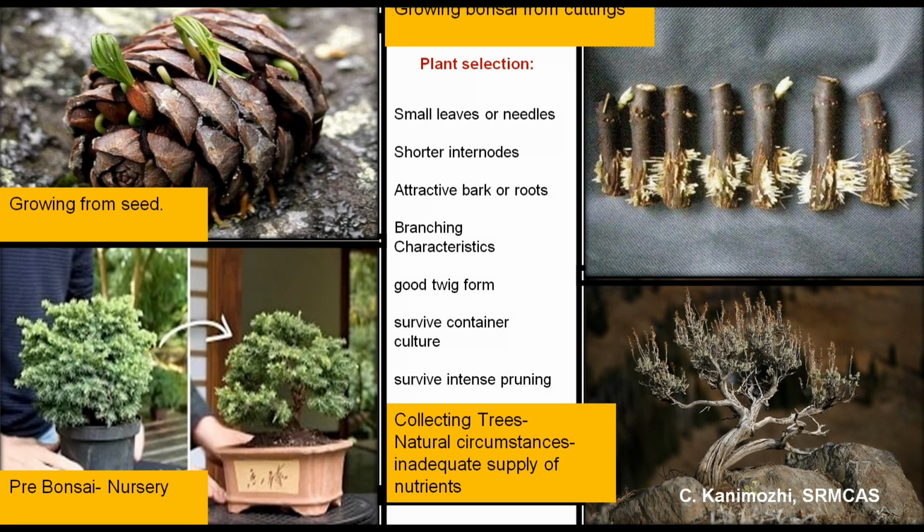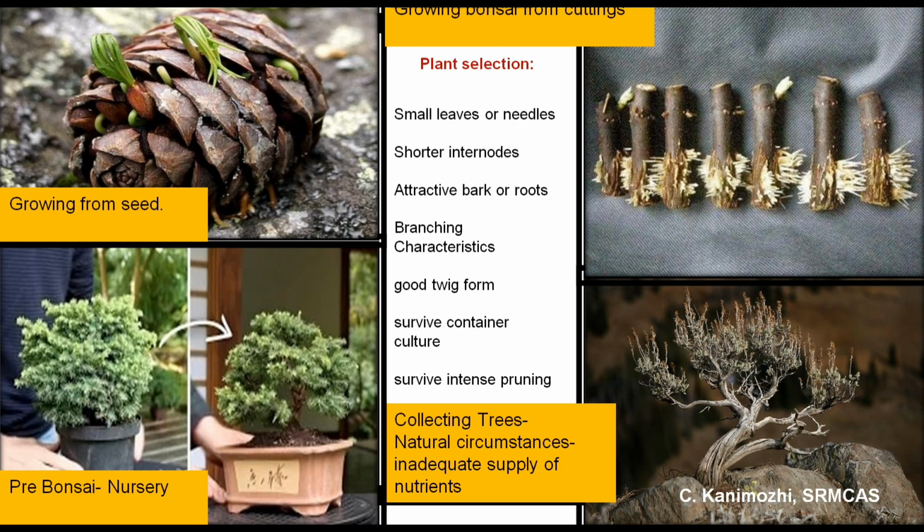Coming to the first property, how are we going to make a bonsai? The first one is growing from seed. You can develop your own from sowing and get a good bonsai, and you can also select some cuttings. The third is that you can buy a pre-bonsai from good nursery companies.